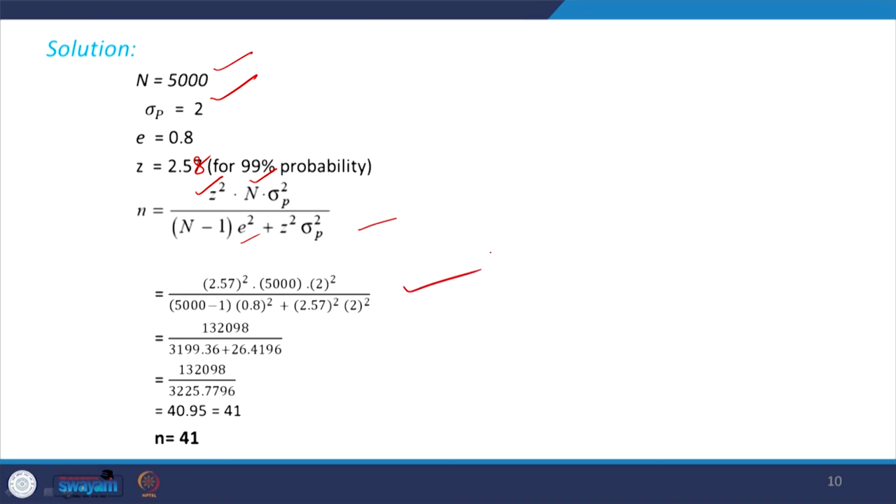If you put in all the values, this boils down to a sample size of 40.95, that is precisely 41. How could I interpret this? Out of a population size of 5000, the sample size is determined as 41. It has actually been minimized, but so much information must have been given.